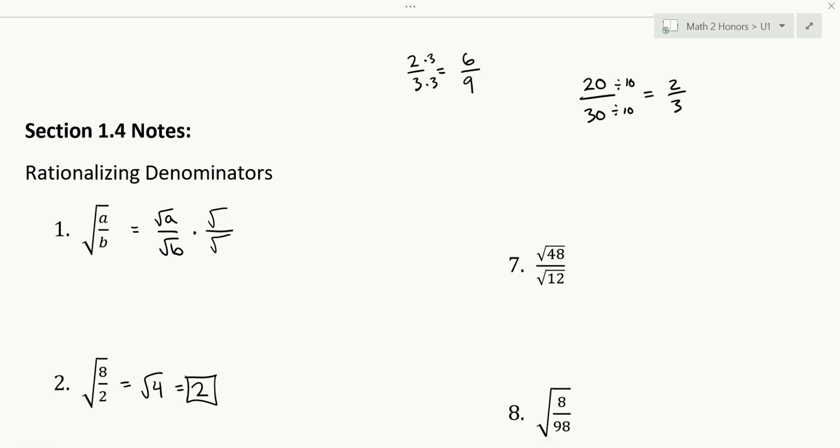What could you multiply the square root of b by so that after I multiply it, I no longer have a square root? Square root of b. So what happens here is I get the square root of ab over the square root of b squared. And the square root of b squared is just b.